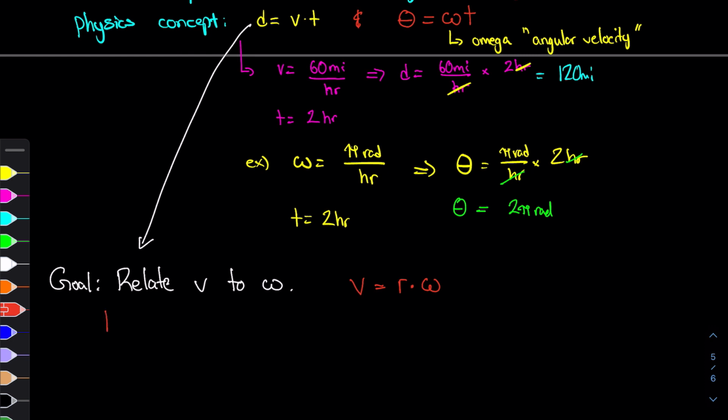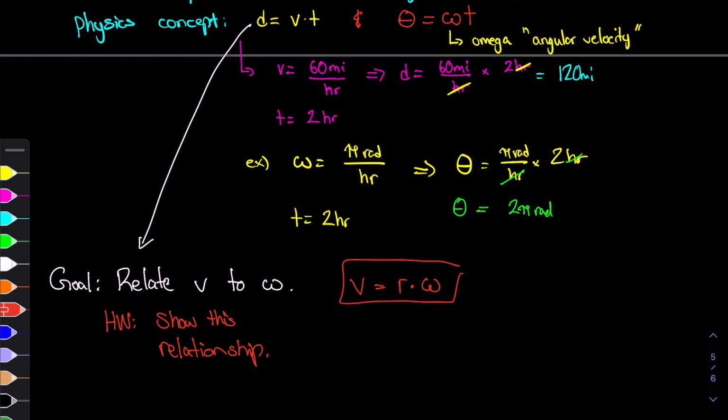And it's going to be a homework problem for you to show this relationship. You can check out your homework for that assignment. So this is going to be the formula that relates the two.